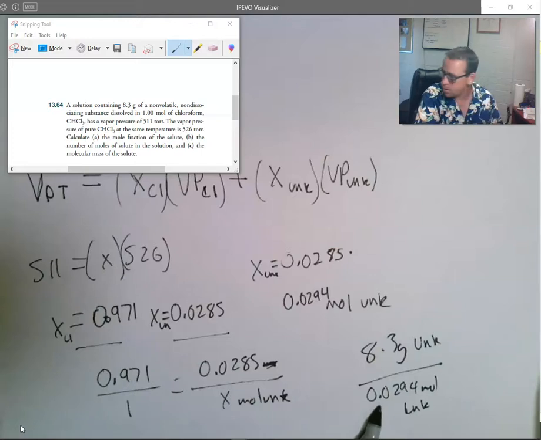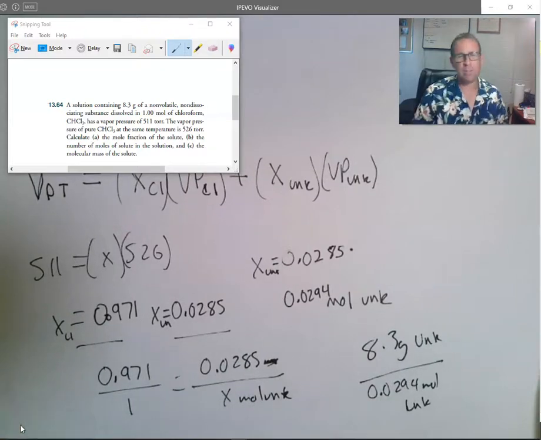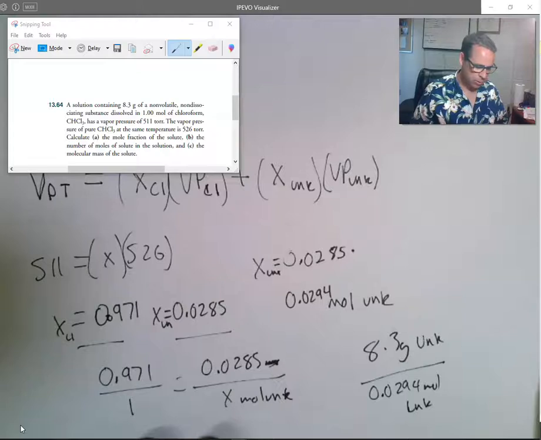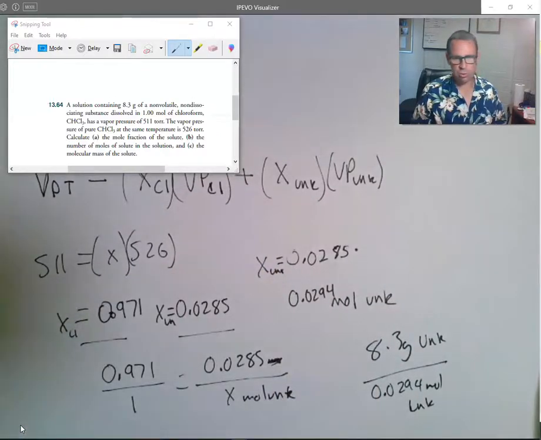Instead of getting 278, we might get something like 282. So it does become kind of a sketchy thing to predict. But taking your grams over your moles should give you your molar mass.